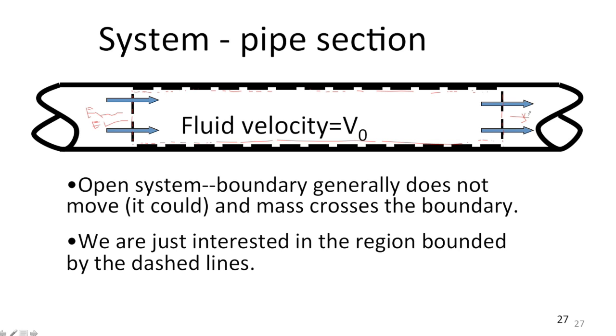So that's an example of an open system or a control volume. We're interested in the region bounded by the dashed lines, and we allow matter to go in and come out of the control volume.